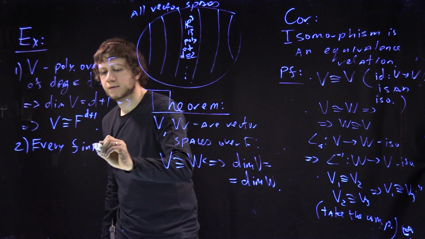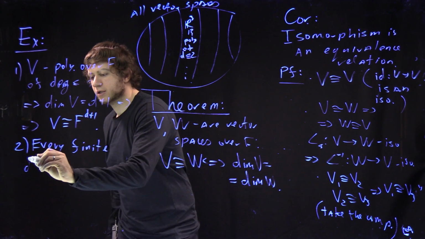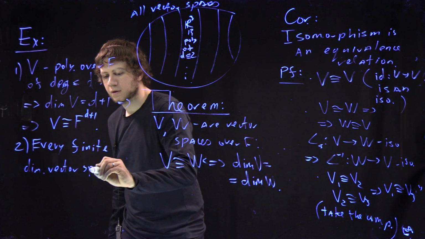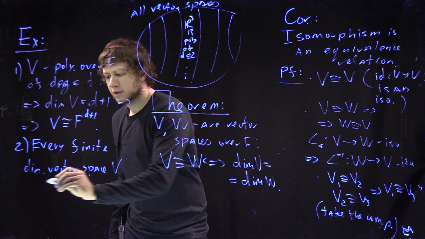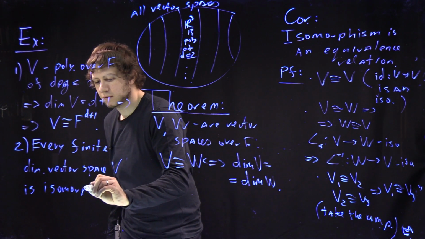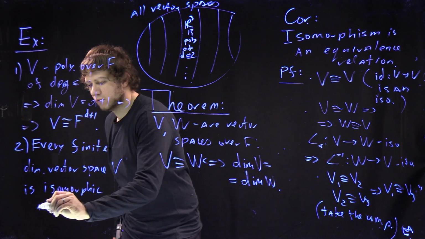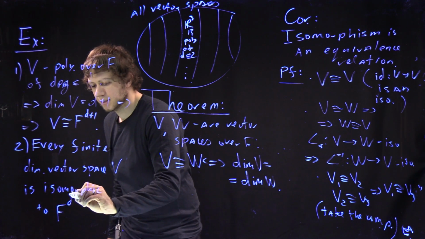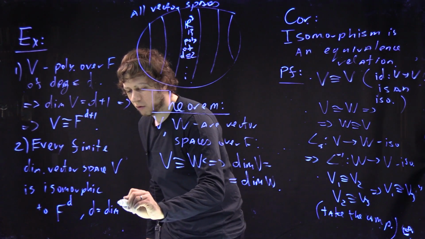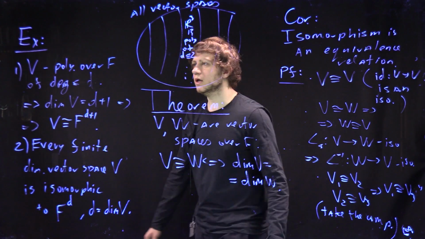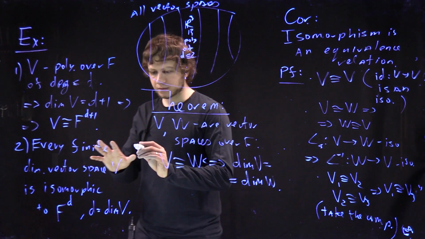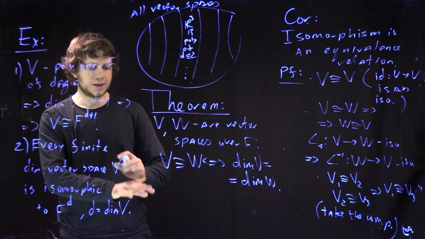And maybe the next corollary: every finite dimensional vector space V is isomorphic to F^d, where d is equal to the dimension of V. Another example: remember we had finite subsets of a finite set.